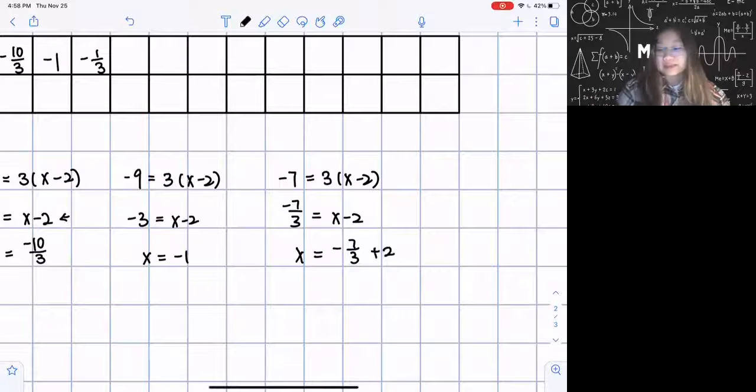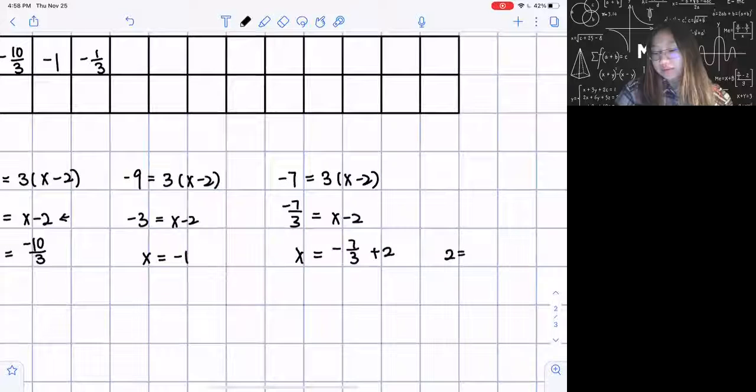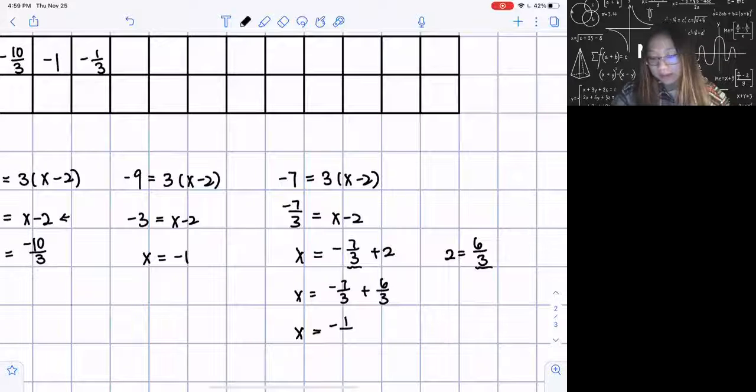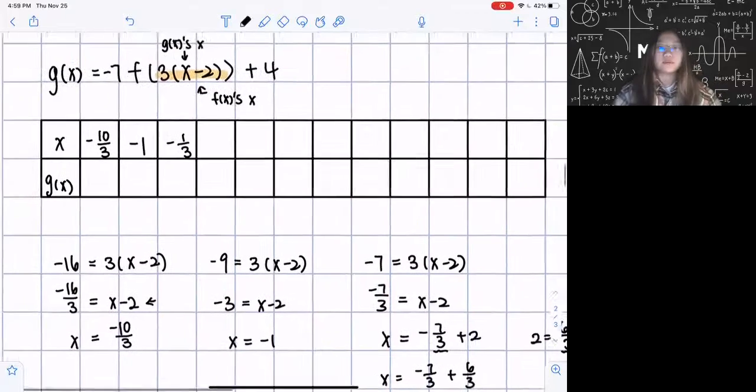And we know that 2 equals 6 over 3. Basically, I'm making my denominator the same. Since here is a 3, I'm using 3 as a denominator to represent my 2, which in this case is 6 over 3. So x equals -7 over 3 plus 6 over 3, which gives me -1 over 3. That's how I get -1 over 3.